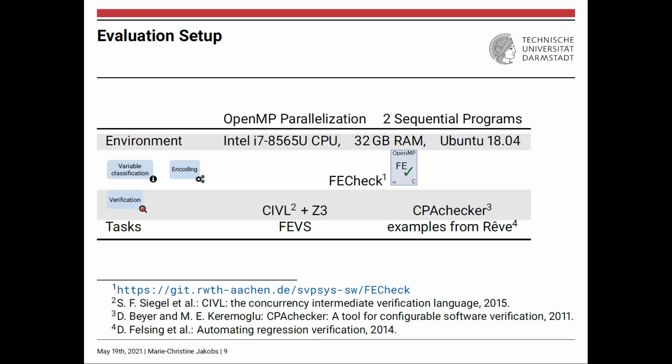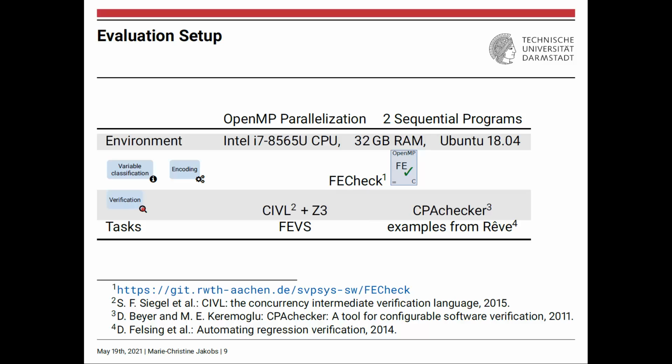For both scenarios, we use an implementation for the variable classification and encoding, which we integrated in the framework for equivalence checking. However, the setup for the verifier and the considered task differ for the two scenarios. So for the OpenMP parallelization scenario, we use the existing verifier CIVL together with the SMT solver Z3, and we looked into tasks from the functional equivalence verification suite.